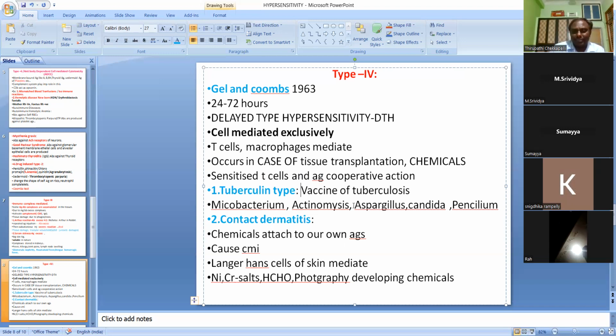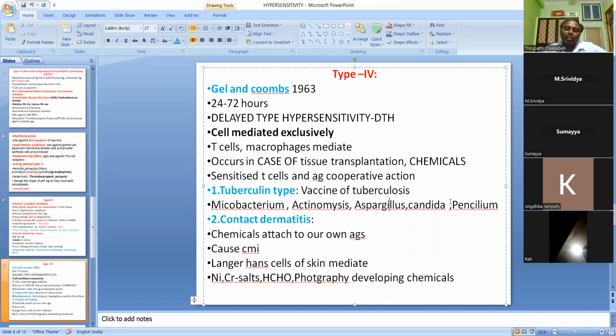In such conditions, like Mycobacterium tuberculosis, Actinomyces, Aspergillus, Candida, Penicillium, what happens? They are already exposed or sensitized to these organisms.